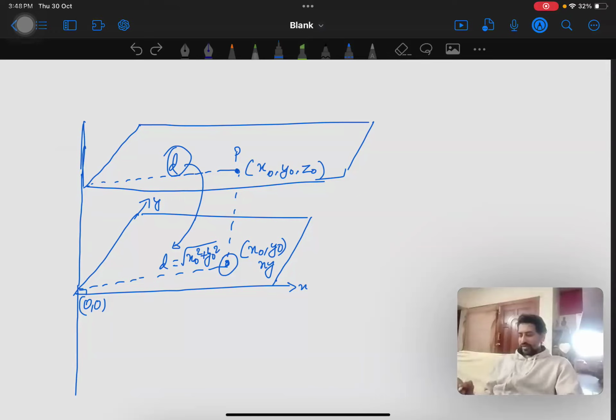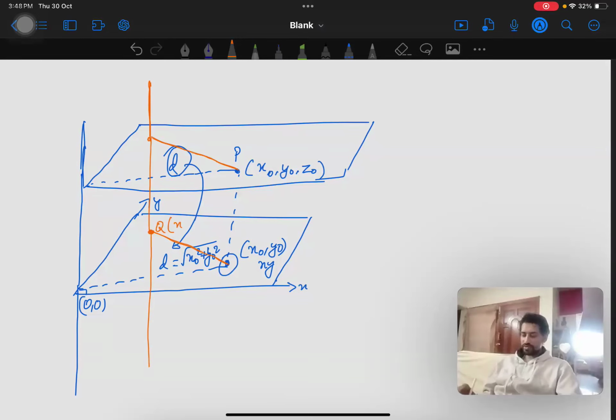And it would be true for any other line also. For example, if you had a line passing over here this way, let's say that this is the line over here, and this one is also perpendicular to the xy plane. Now, how much would be this particular distance over here? This one would also be equal to this distance over here. And if we know the coordinates of this particular point, you can use the distance formula to find the distance.